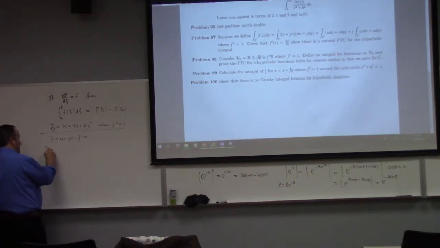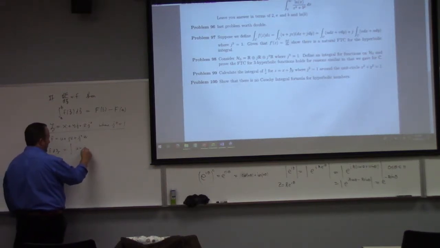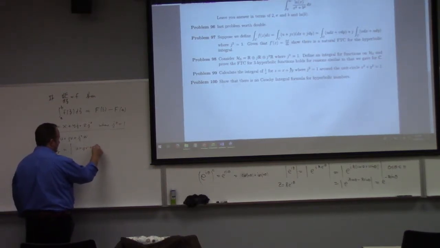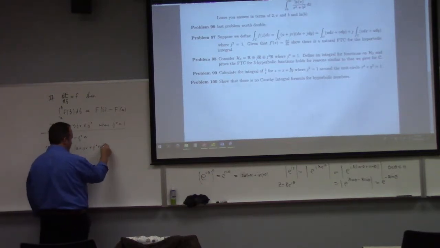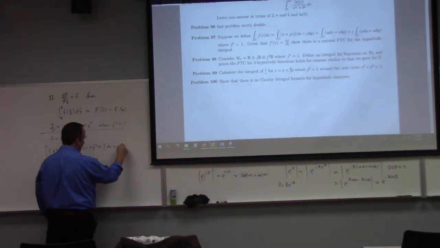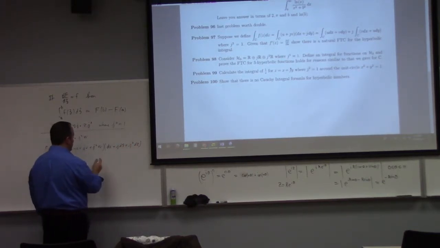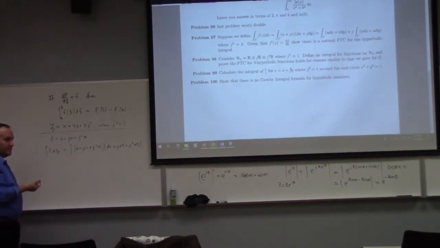Then when we integrate f dζ, what's that mean? If we break it out in terms of the differentials, you could define it in terms of the parameterization like I mentioned in class, but we could also look at it like this. Formally multiplying this out will give you the proper formula for the three hyperbolic integral.